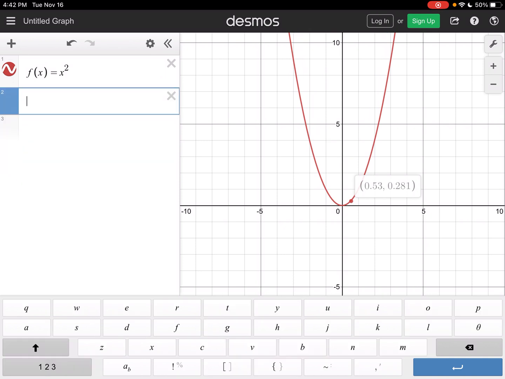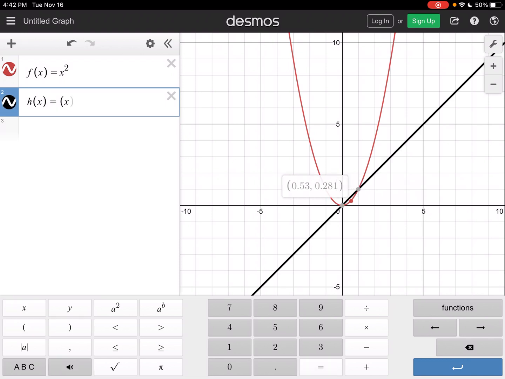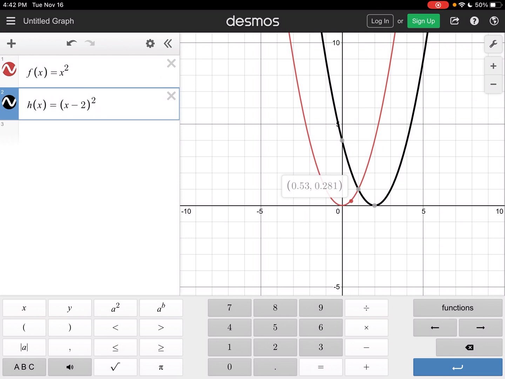Instead, I'm going to go h of x equals parentheses x minus 2, the quantity squared. And notice it's been moved to the right 2.